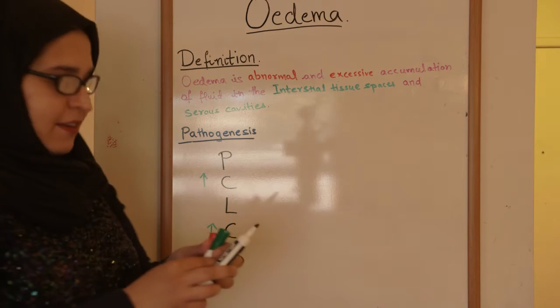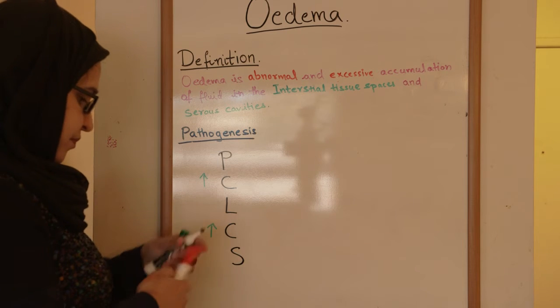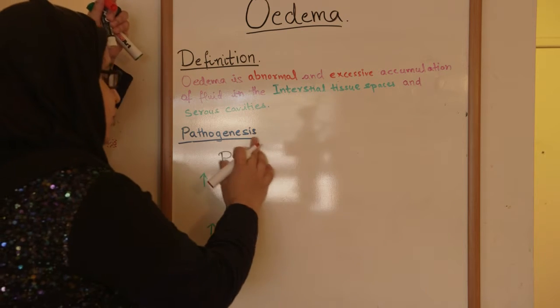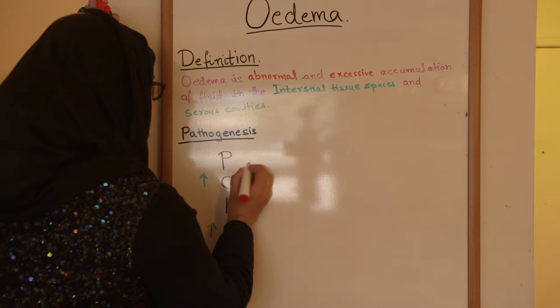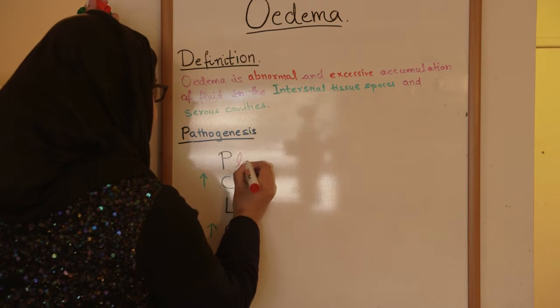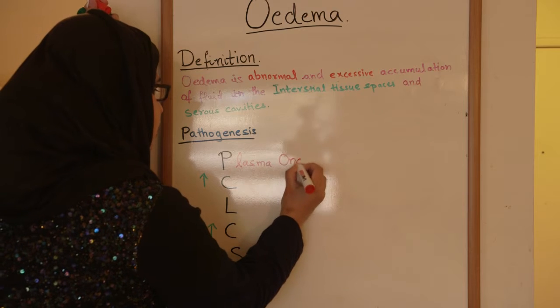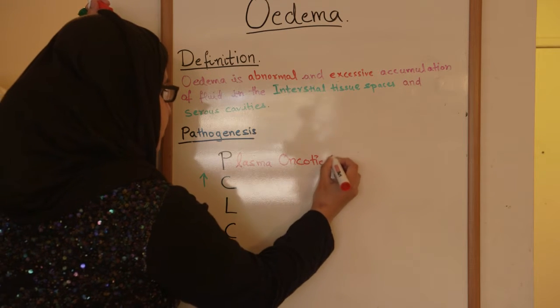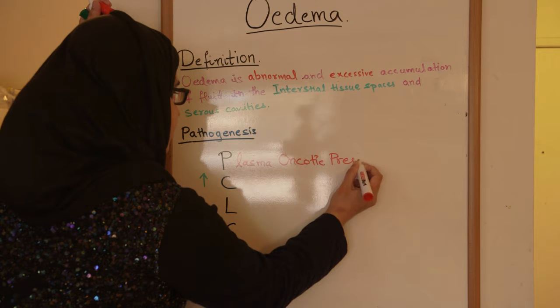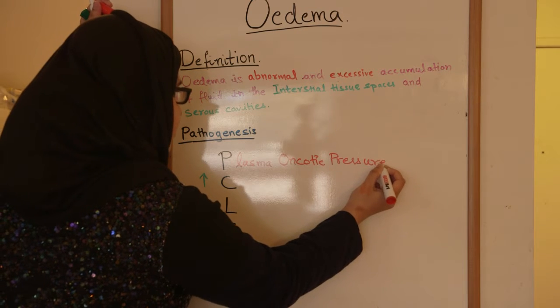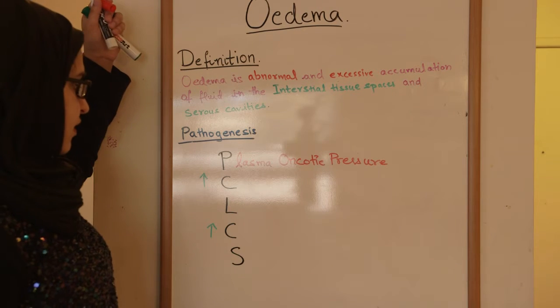What is P? First of all, what is P? In the pathogenesis part, the plasma oncotic pressure. Okay.